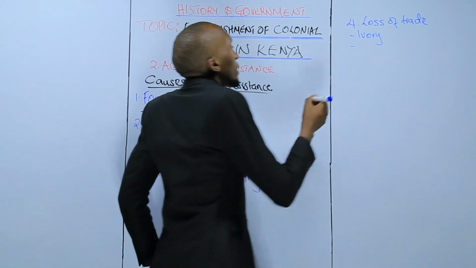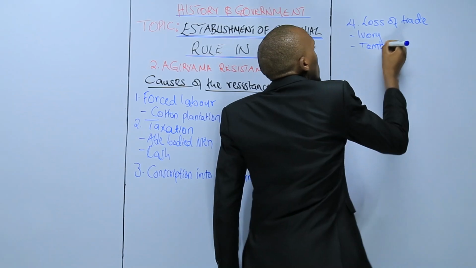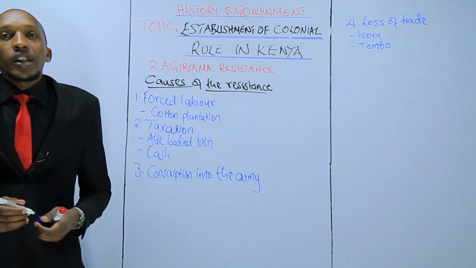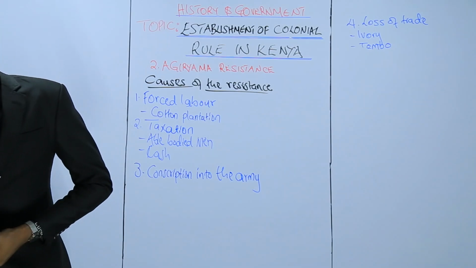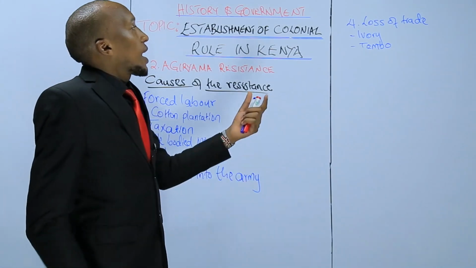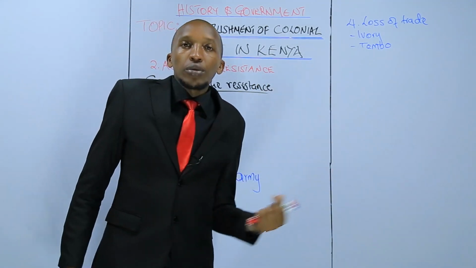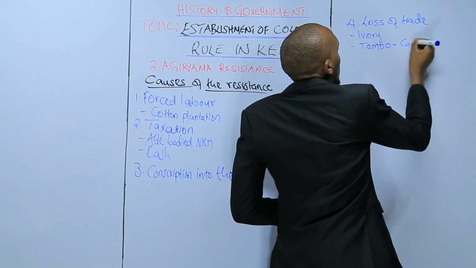Apart from ivory, they were also engaged in tembo, that is the coconut brew. They brewed that tembo and they could sell that. So that made the people, now that they could no longer brew the tembo, which is made from coconut, right? This is made from coconut.